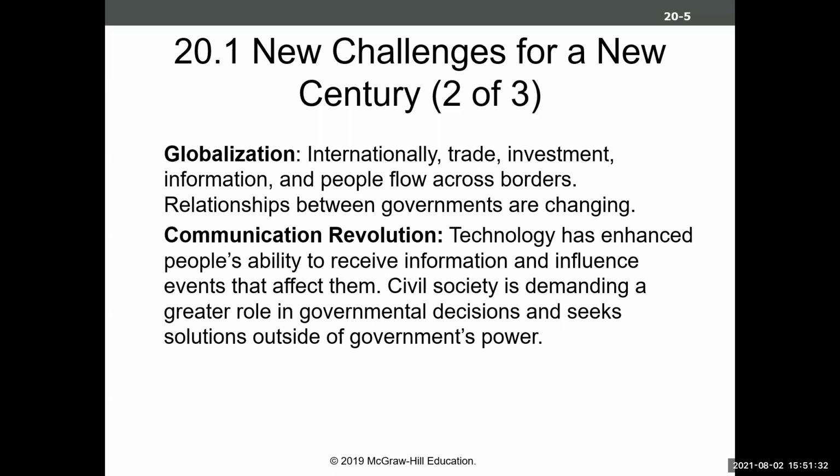We're in what's known as a communication revolution. Our technology has moved to a way where we can receive information at unprecedented speeds. We can influence events that affect how we receive that information.